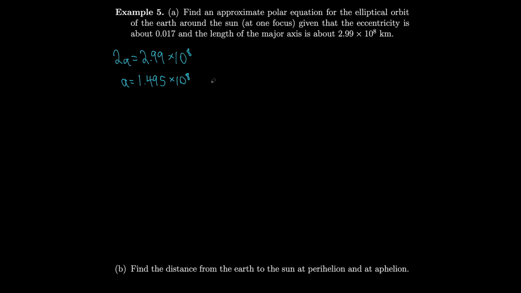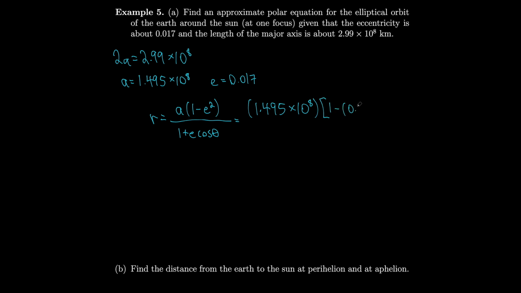So we're given the eccentricity, e, is 0.017, and we can write r equals a times (1 minus e squared) over (1 plus e cosine theta). So that's just going to be 1.495 times 10 to the 8th times (1 minus 0.017 squared) over (1 plus 0.017 cosine theta).